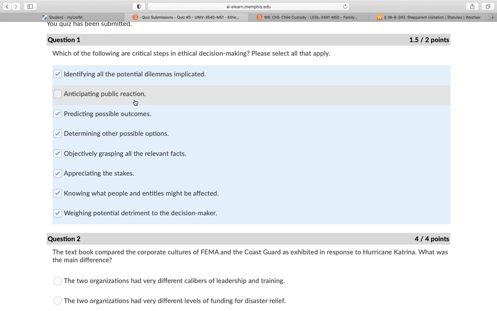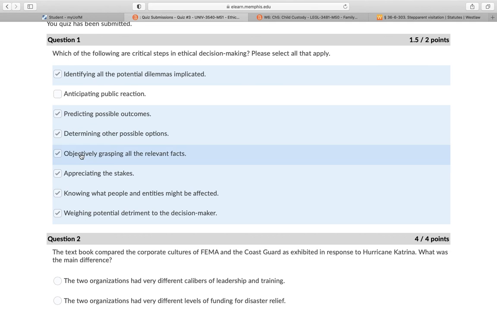But again, this is one question that I'm honestly not sure on. So if anyone can help, I would greatly appreciate that. And then making a decision and monitoring and learning from the results, again, that's with appreciating the stakes and weighing in potential detriment. So that's why I chose the answer choices that I picked.